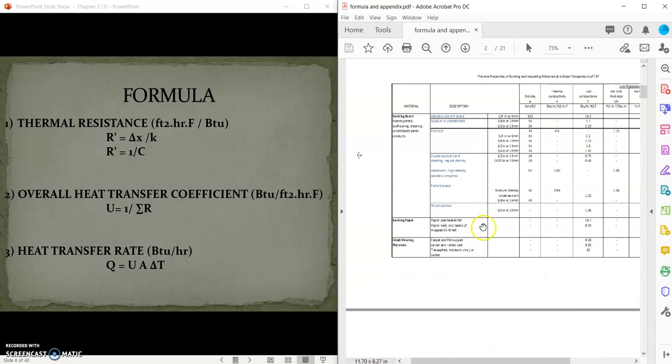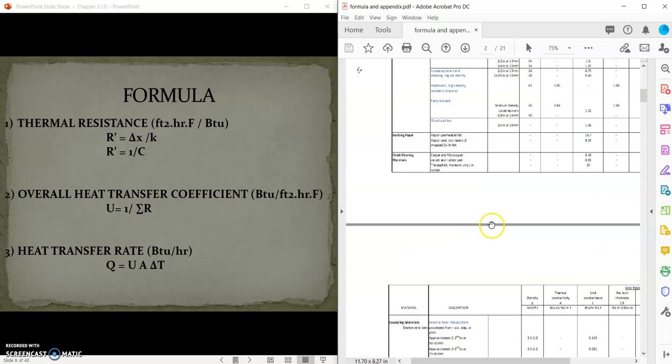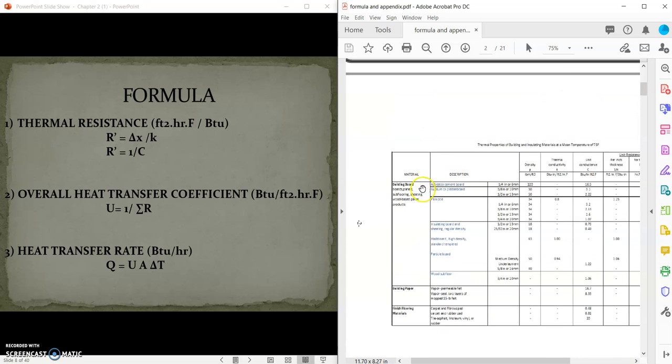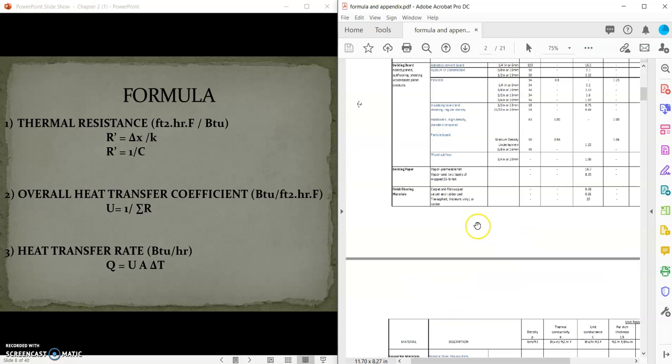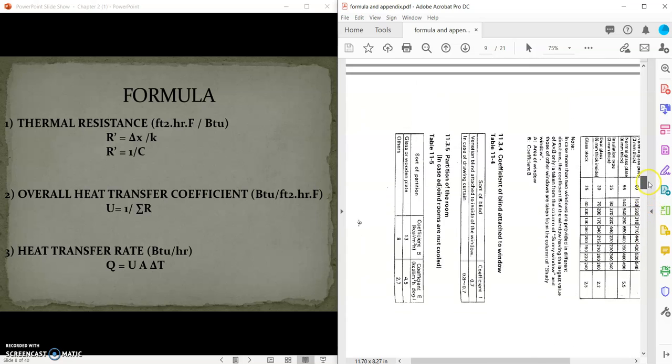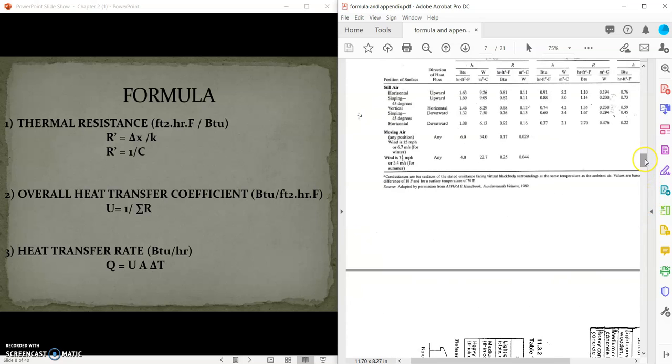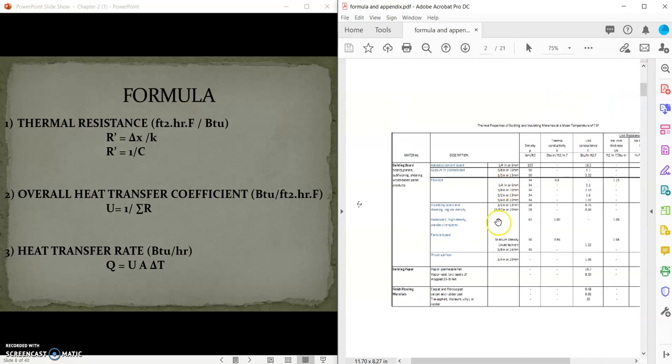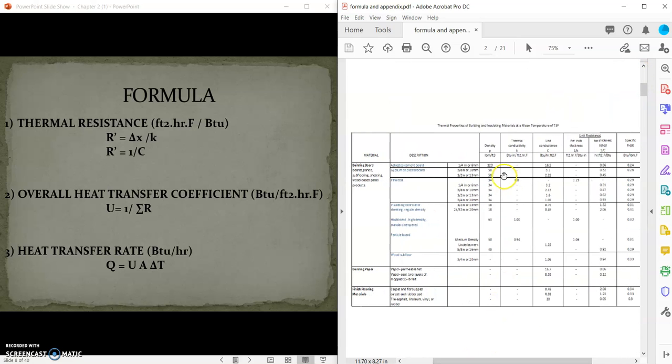Before I forget, please look into page 2 of your formula and appendix table. We are going to regularly use page 2 until page 7. If you are going to calculate the thermal resistance and the thickness is given, you may use the first formula, R equals delta x over k.